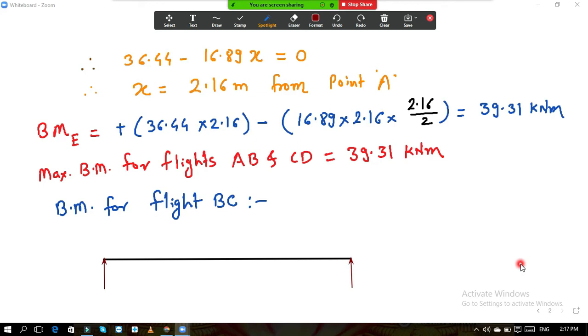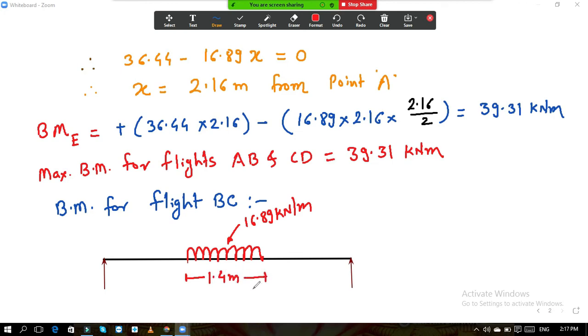Now at the center portion, which is of 1.4 meter, here is the flight load, and this load is 16.89 kilonewton per meter, and this distance is 1.4 meter.